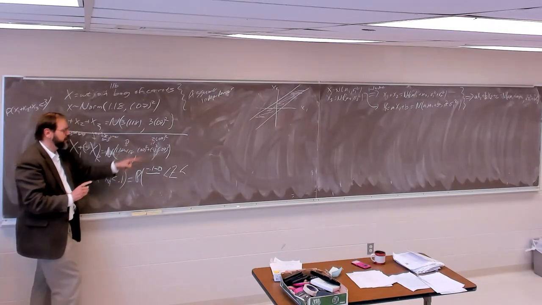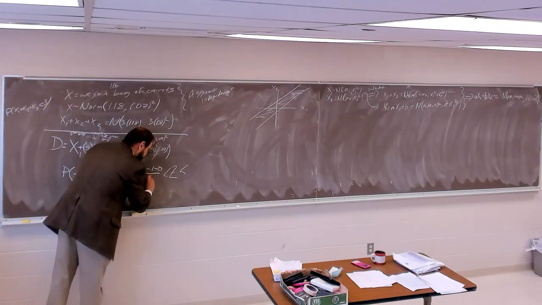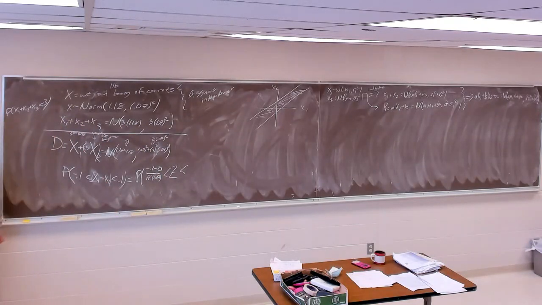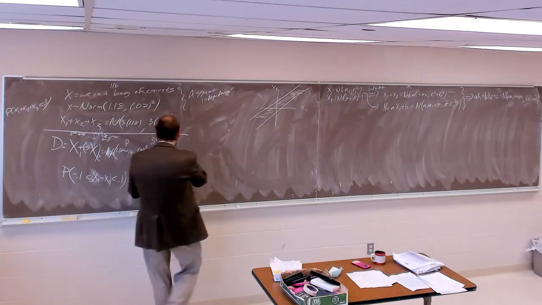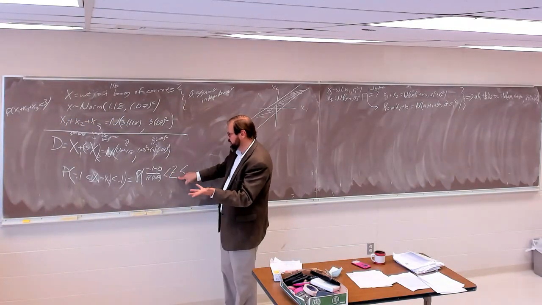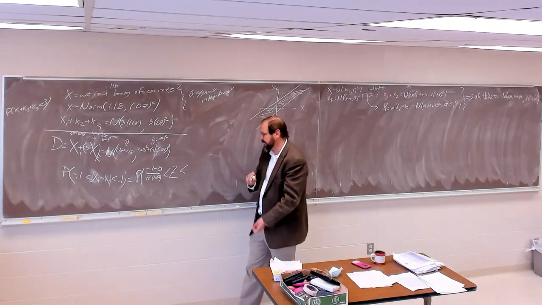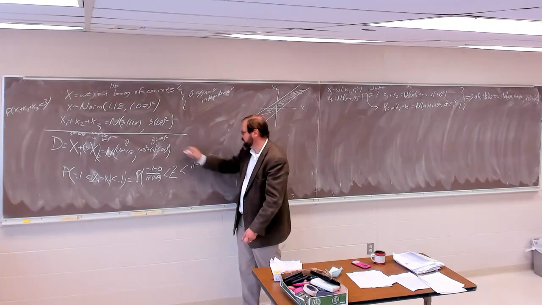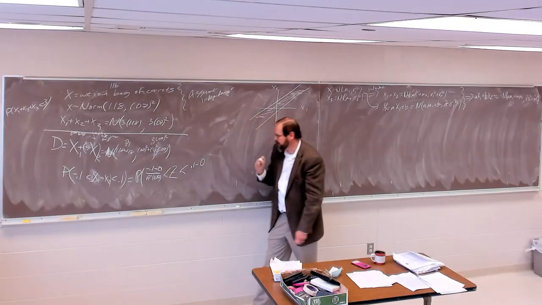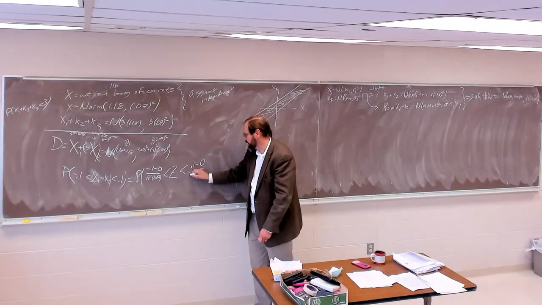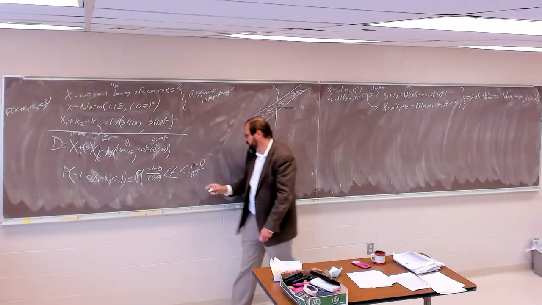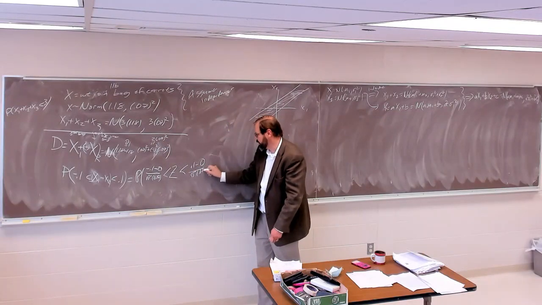Root 2 times 0.07, which would be my new sigma for this random variable. I'm subtracting off 0 and dividing by my sigma here, and that gives me my z. Then on this side, I take 0.1 minus the mean that I calculated and divide by, again, root 2 times 0.07.